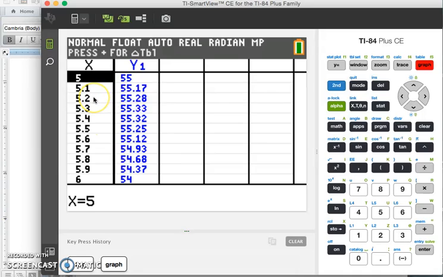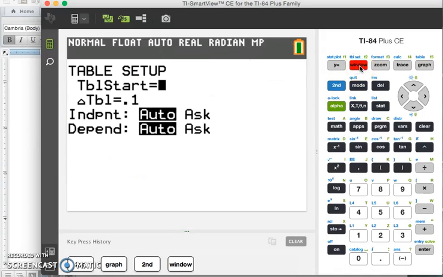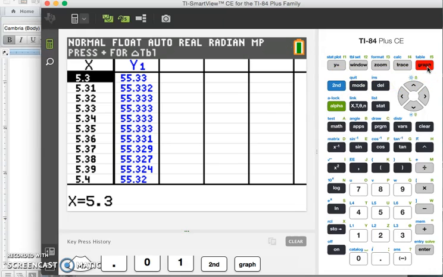So it should be in between 5.2 and 5.4, but again, these two values are closer together than these two values, so I'm going to start at 5.3 and count by pennies to get to 5.4. So we do second table set, 5.3, and then counting by pennies, so 0.01. Second table, and I'm going to continue.